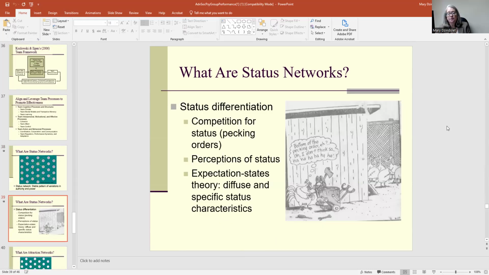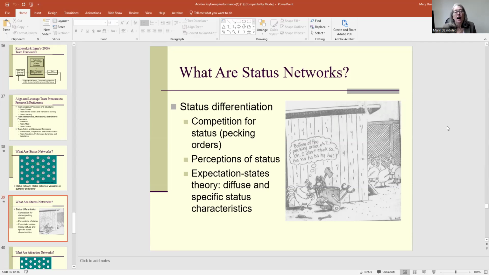What are status networks? They're perceptions of status that people pretty much agree with. And there's obviously competition for status. In most teams, there's going to be a pecking order, and there's one that the organization lays on there, but then there's one that really just from the ground up starts to exist.